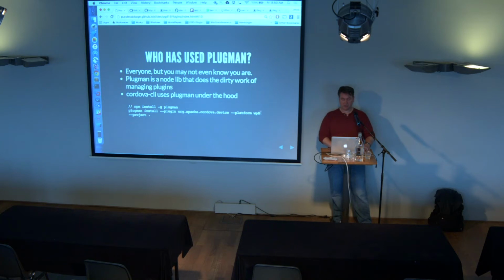You give it a particular platform that you want to install for and a reference to the project. So this is actually what would normally be in your project root slash platforms, in this case, slash Windows Phone 8.